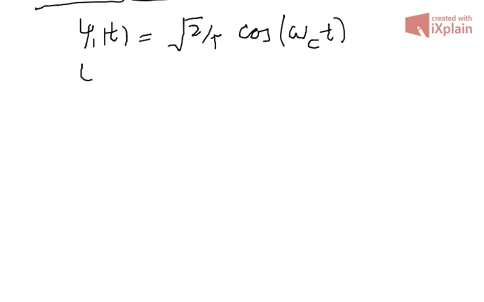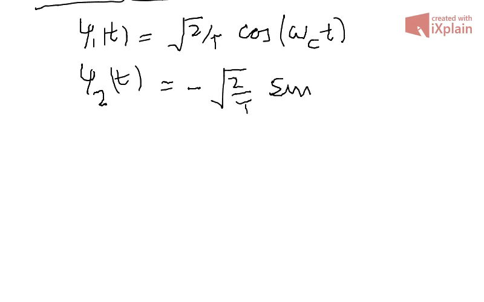And our psi_2(t), the second orthonormal basis function, is minus root of 2 over T times sin(omega_c t). We learned that psi_1 and psi_2 are given by these sinusoids, and these are orthonormal basis functions.